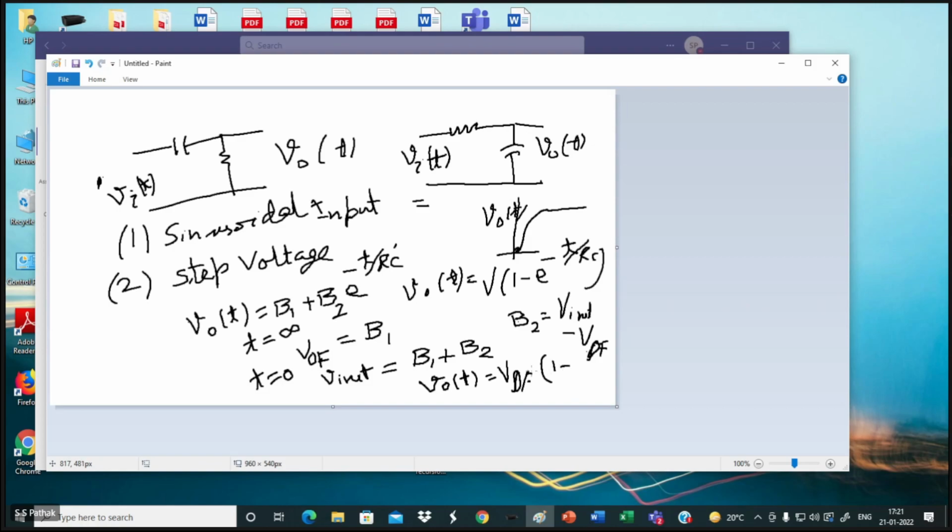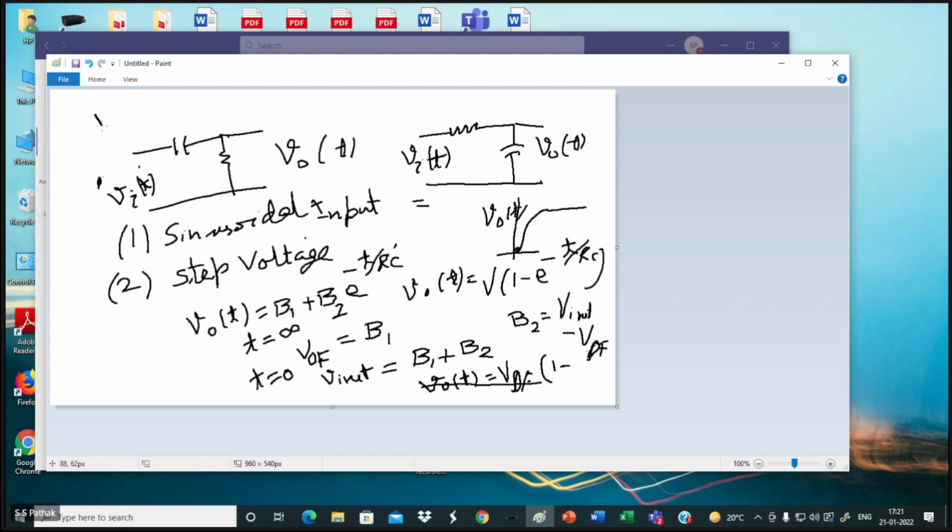Okay, let me see. What is the initial value of V in? V initial at output, what is the initial value here? Whatever voltage applied, the step has appeared at this. So V initial becomes your V. I'm writing a phrase here. One second, it is coming here.